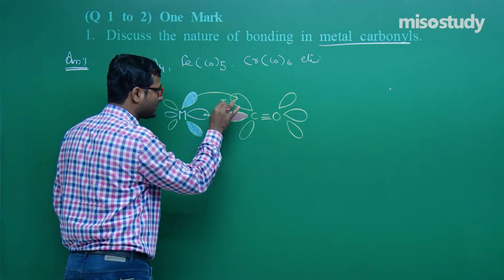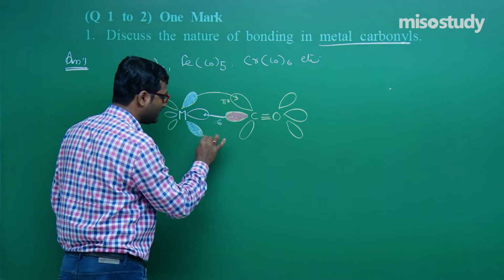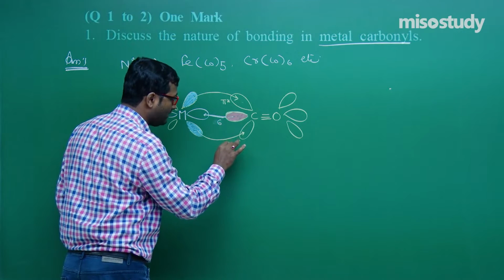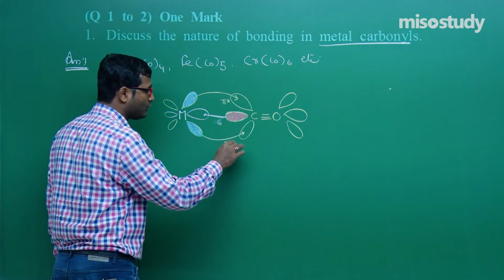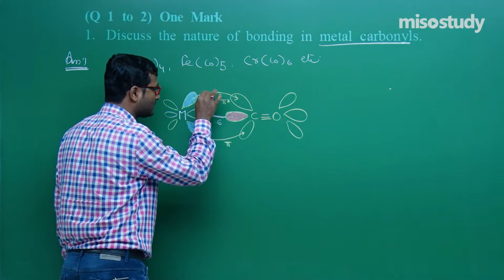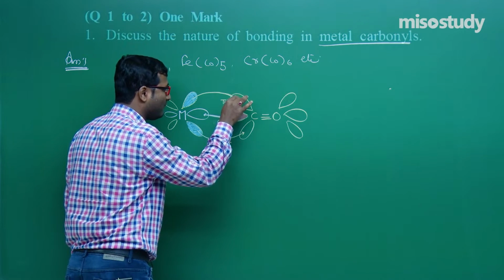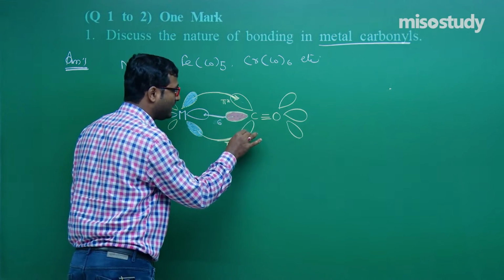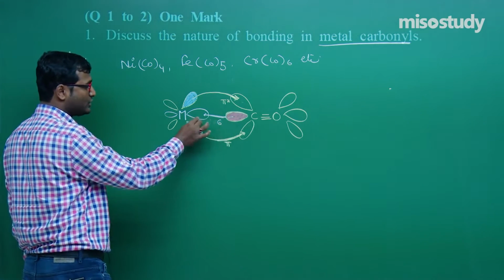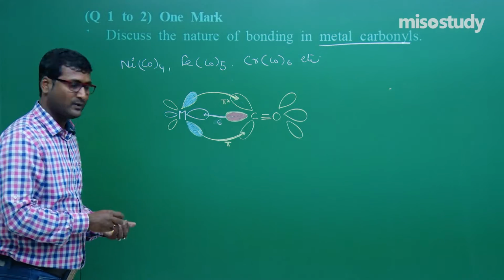This is pi star and this is pi. So, in metal carbonyl, the metal also donates electrons to carbonyl, that is via back bonding, the accepting tendency of ligands. So, in metal carbonyl, there is donation from both sides. Clear?